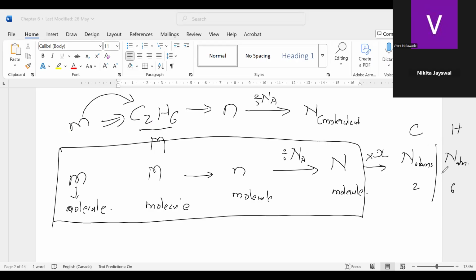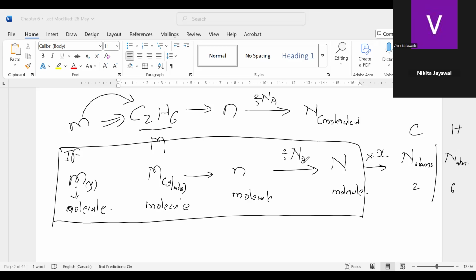Can you please write this down? Do I write down everything? Yes. So what you need to write down: if the mass of the molecule is given, and the molar mass of the molecule is calculated, then you get n of the molecule.